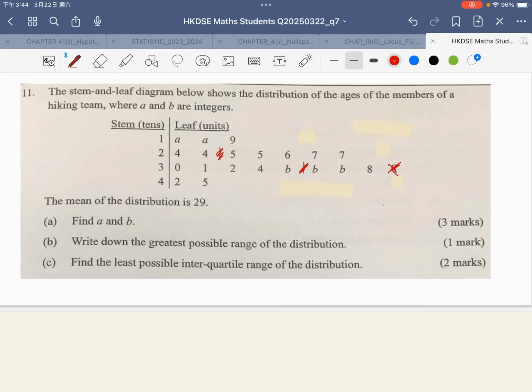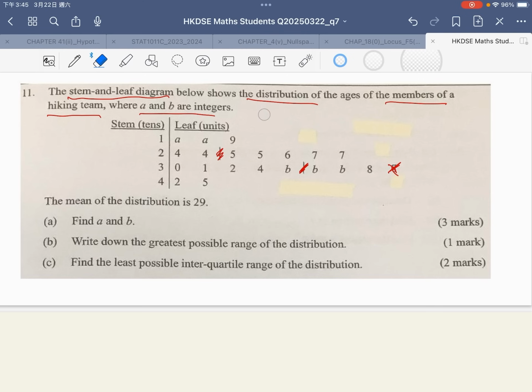This question is a statistics problem in a mock exam from one of my students, and it is a stem and leaf diagram. Below shows the distribution of age of the members of a hiking team. I like hiking, but here I cannot do that. Where a is an integer. Integer means it is positive?